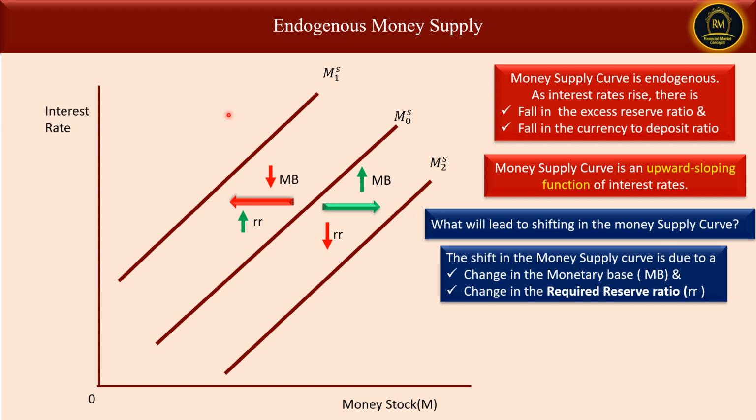in the economy. So in the endogenous money supply curve, you can see that it is an increasing function of the rate of interest. As the interest rate increases, the money supply curve will move upward.